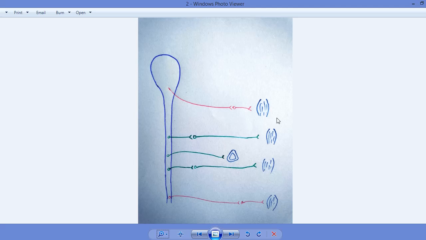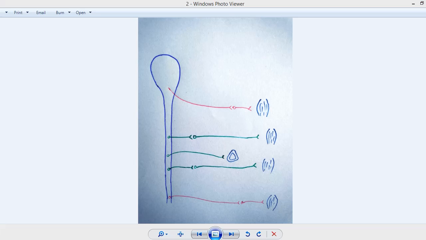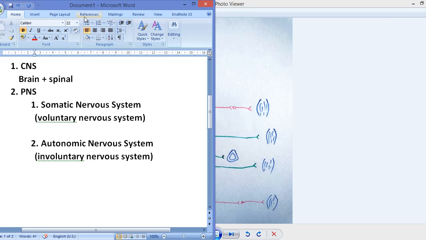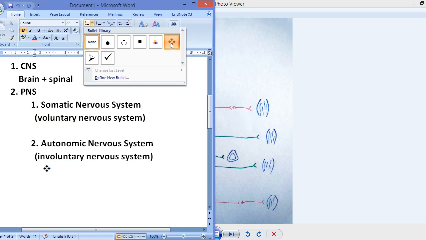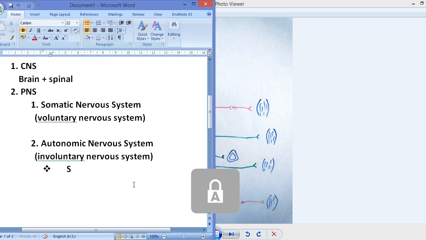Then we have 2 types of the autonomic nervous system. Number one, the sympathetic nervous system, and the parasympathetic nervous system.